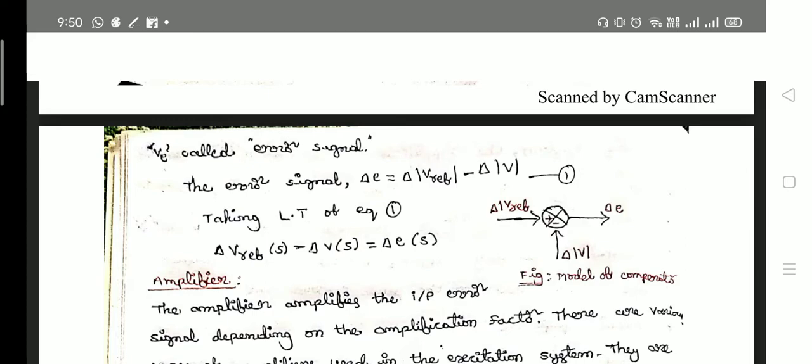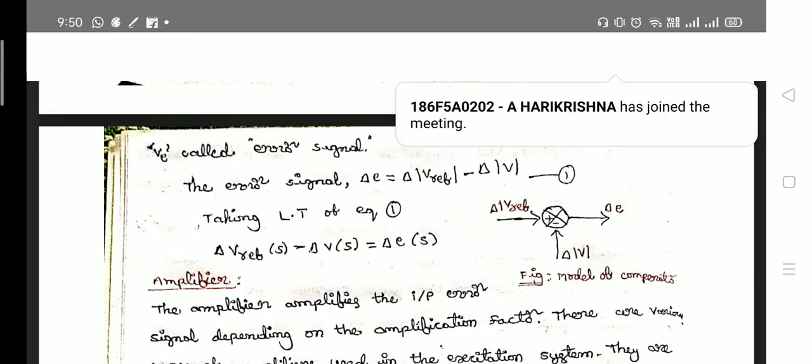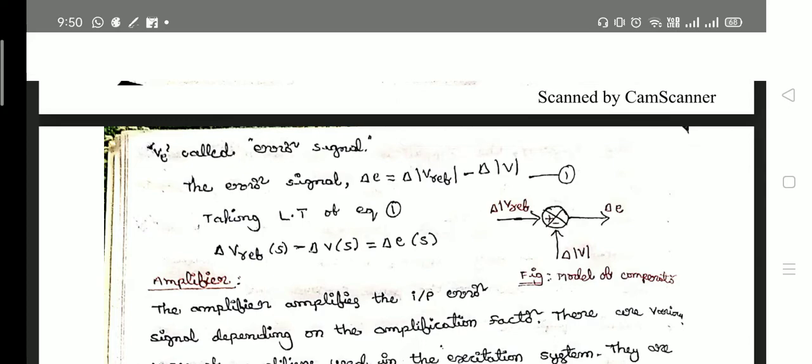Taking the Laplace transform, we get delta V reference of S minus delta V of S is equal to delta E of S, where delta E transforms to delta E of S, delta V reference to delta V reference of S, and delta V to delta V of S.